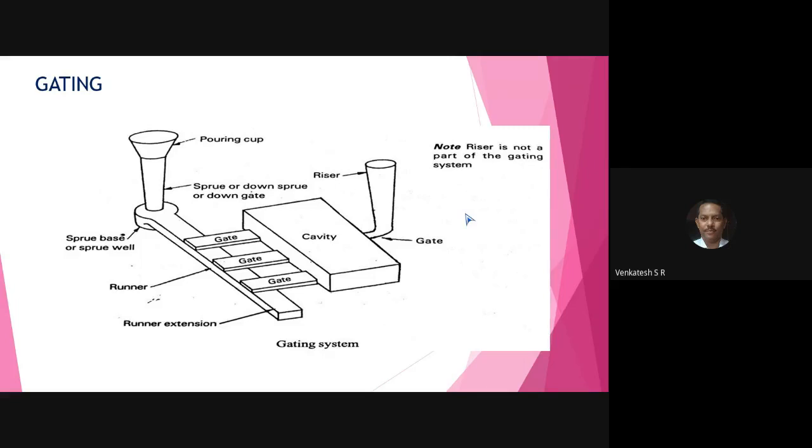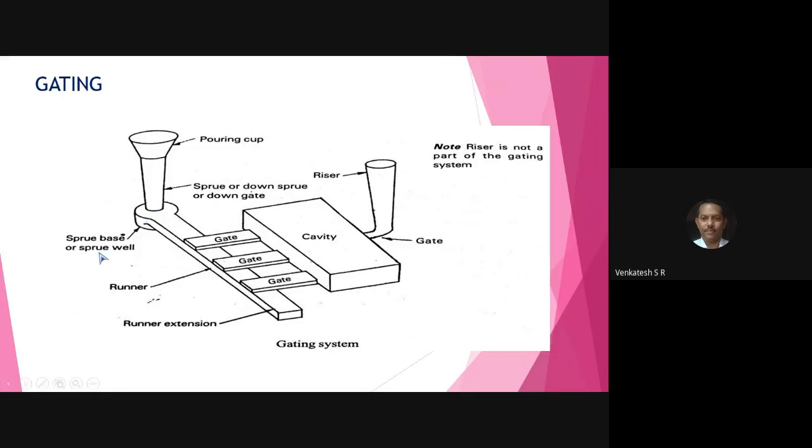Starting from the pouring cup or pouring basin. Next, it is connected by a tapered pipe, which is called sprue, tapered tube or downsprue. And next, here you have the well. It is called sprue well or basin well.